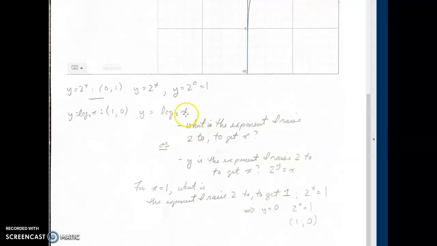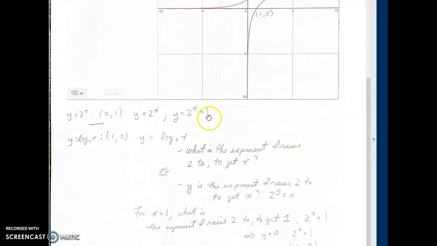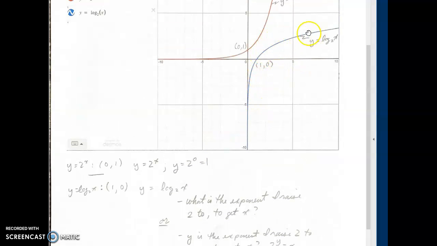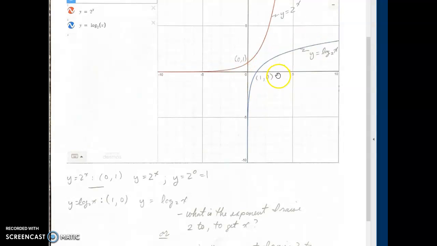So if x is 1, then y is going to be 0, right? What is the exponent that's going to result in a 1 here if x is 1? And that's where you get 1, 0, and this is the graph. And from this graph here, you can shift it, reflect it, and do all the other transformations.